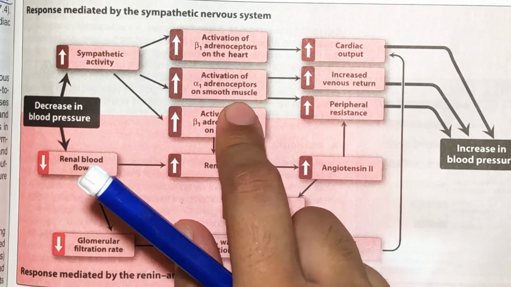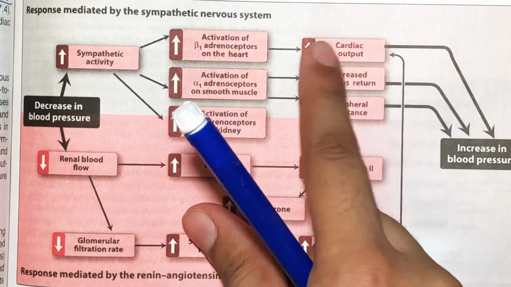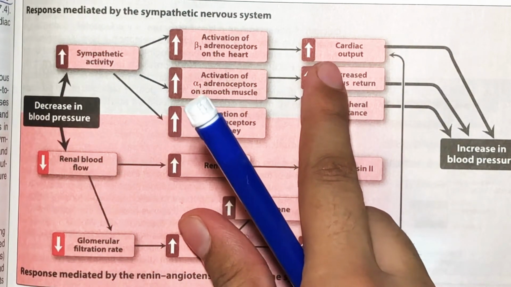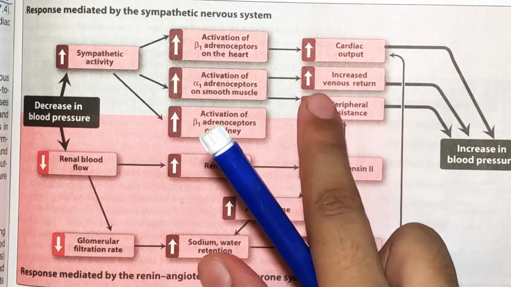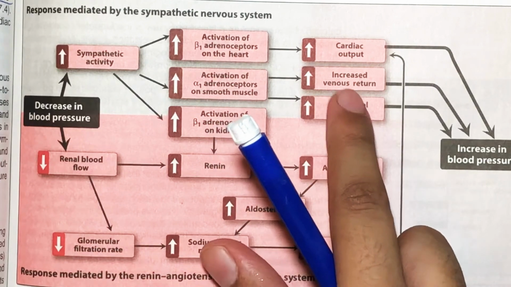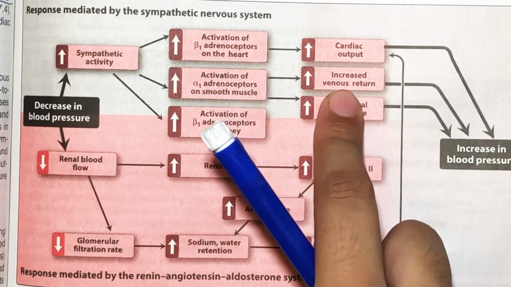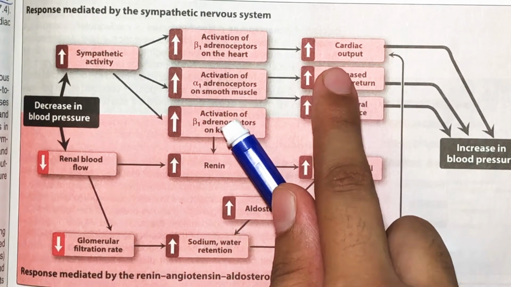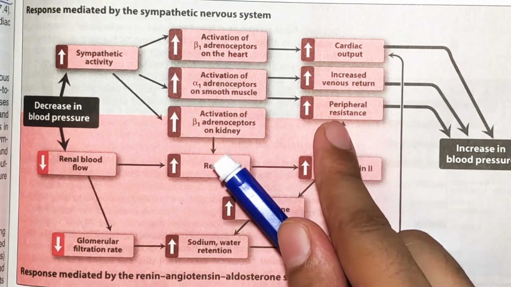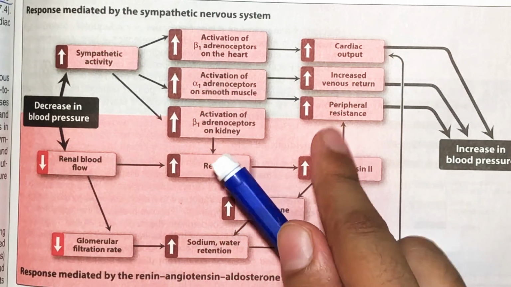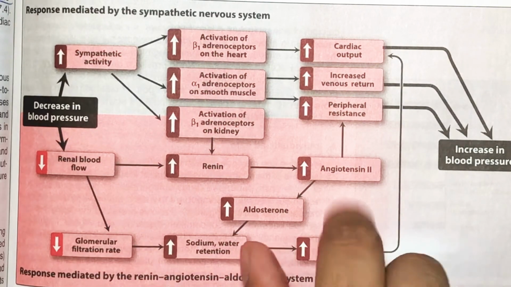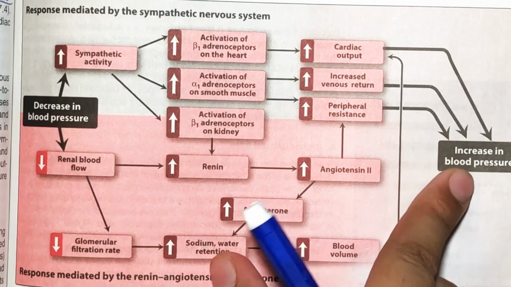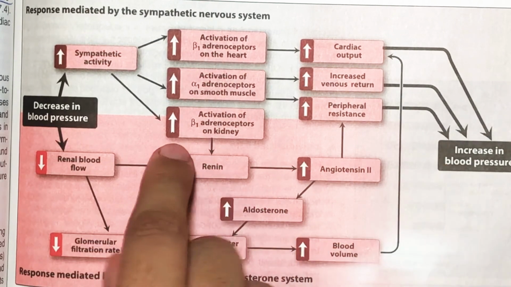So both of these effects are causing three things: increase in cardiac output, increase in venous return, which ultimately causes more of the blood to go back to the heart, which will be pumped by the heart later, and peripheral resistance is also being increased. So all of these factors are causing increase in blood pressure.